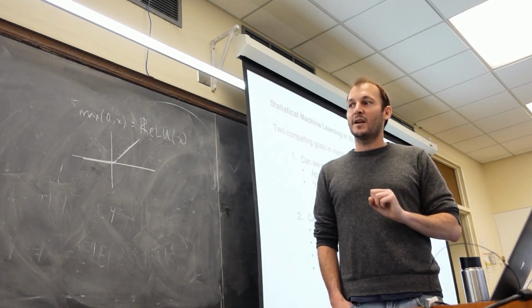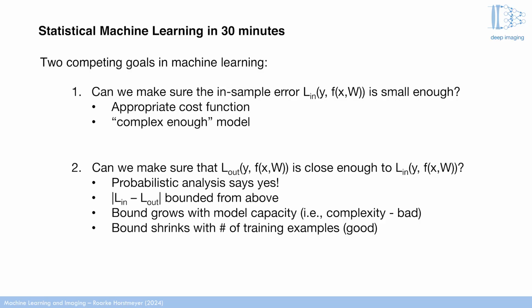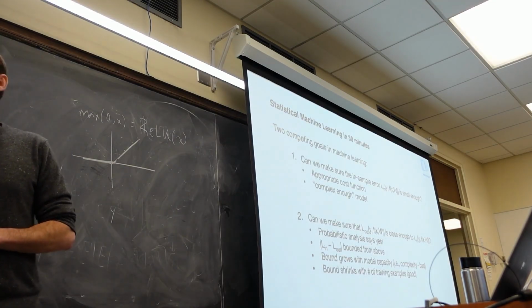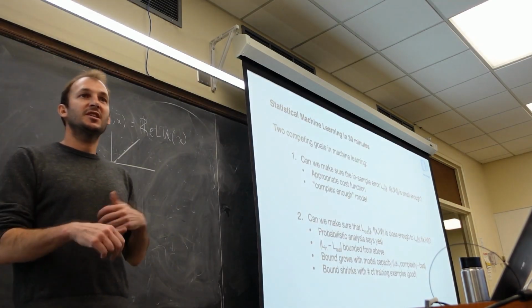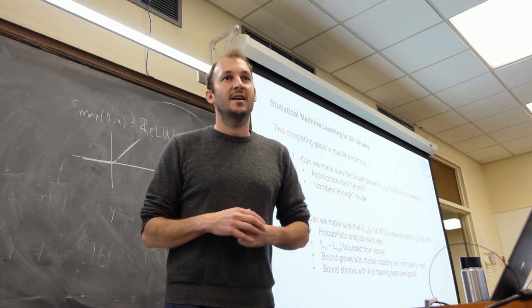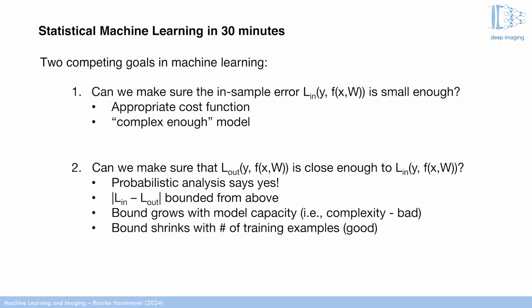But the last point is really important. This bound shrinks the difference between how well you're going to do during algorithm training and testing as you get more and more examples, right? And so this is what has enabled modern machine learning to work. People didn't consider really complicated neural networks as an effective solution for a long time because this bound gets larger and larger as neural networks get more complicated.